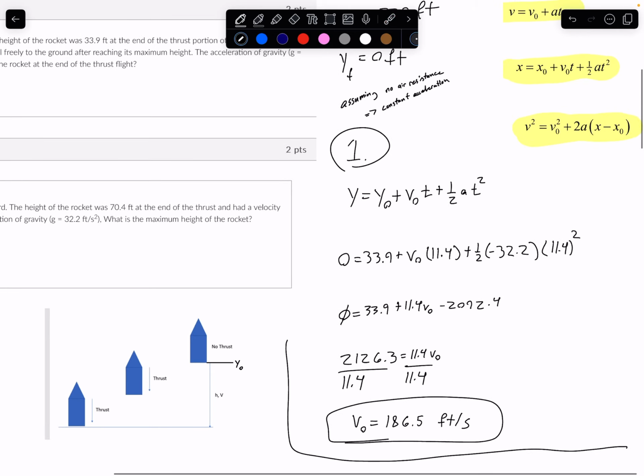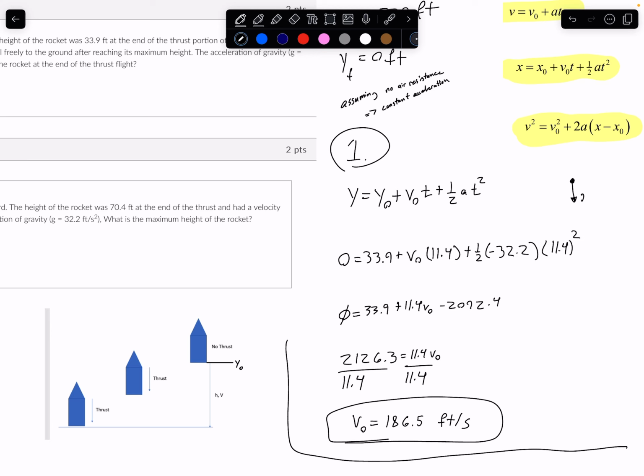You can draw a free body diagram: before, thrust was pushing it up, and we still had gravity coming down. So we take thrust out of it, and we are only accelerating downwards after the thrust is gone.